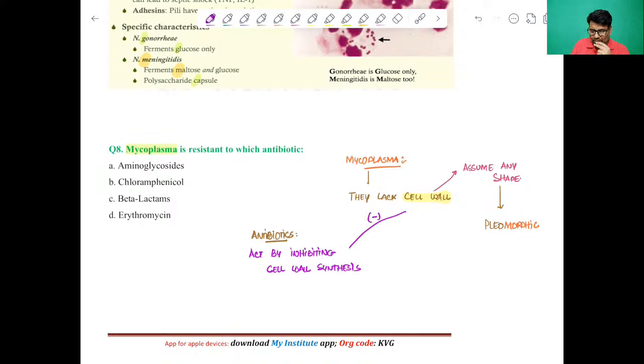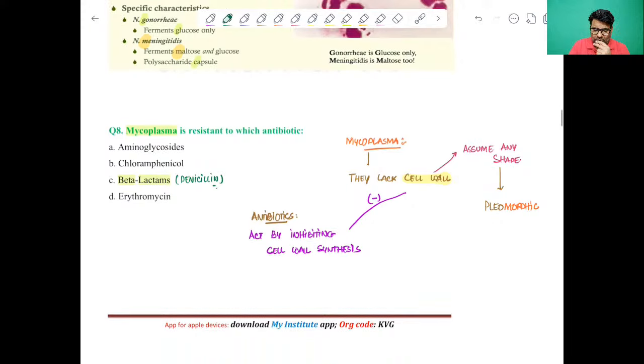So these antibiotics, especially the penicillins, they are ineffective because their primary target structure is cell wall. Since Mycoplasma don't have a cell wall, so they enjoy immunity against beta-lactams or penicillin, right? So this is one important thing.